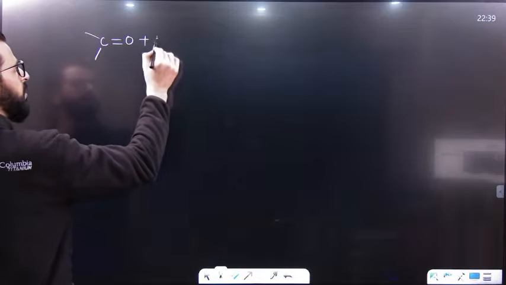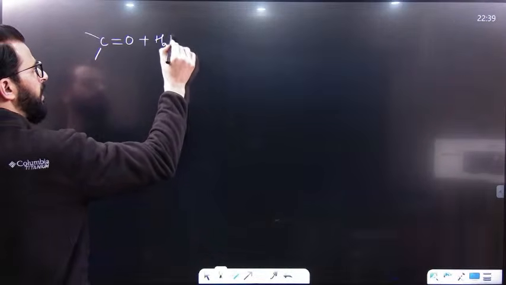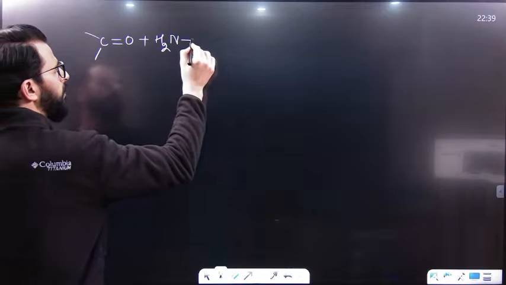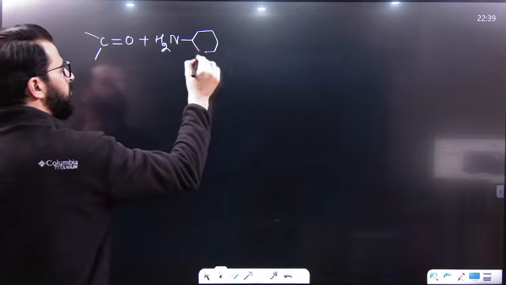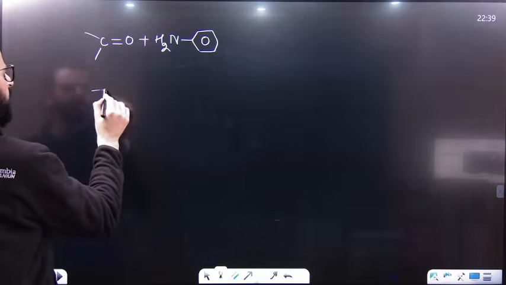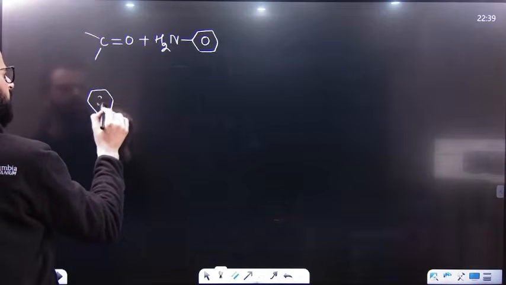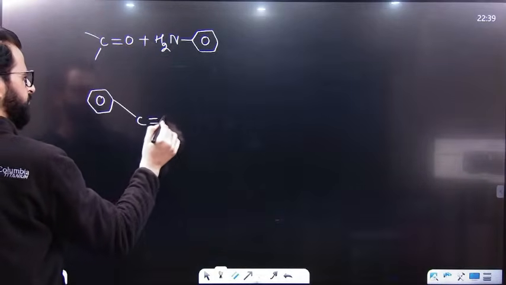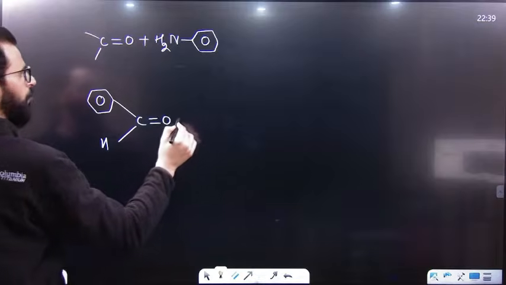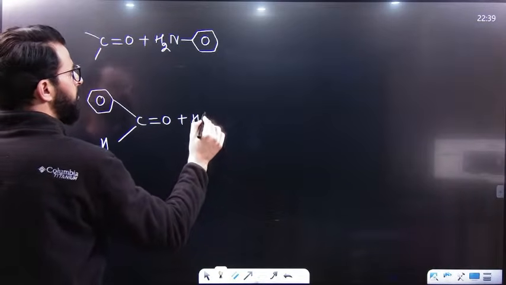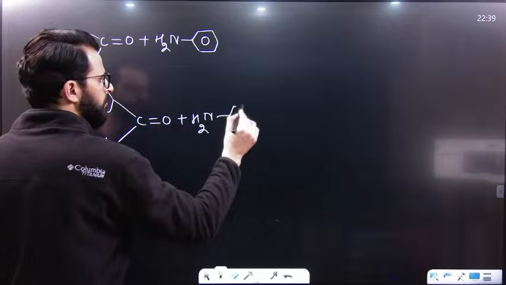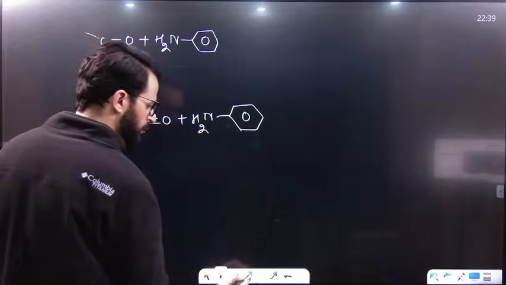An aldehyde with an aromatic primary amine. What will be the product? If I treat benzaldehyde with an aromatic primary amine, what will be the product without reduction?